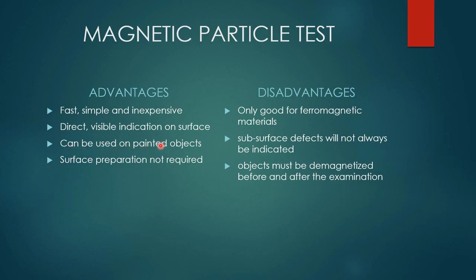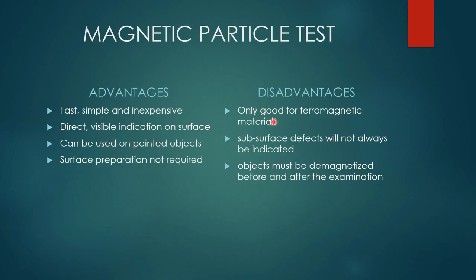It doesn't mean that non-painted objects are not used to find defects; we can also apply this test on painted objects. Then surface preparation is not required. That means we don't have to clean its surface, we don't have to grind it, we don't have to rub it, just let it be as it is. We can check this particular object also.